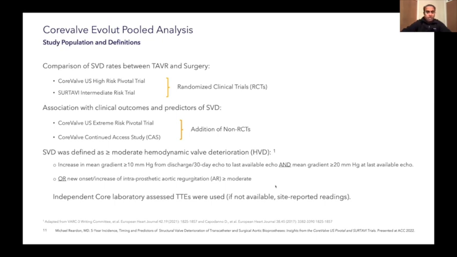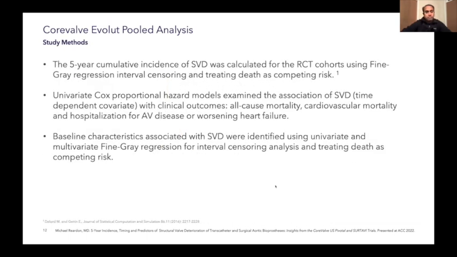Basically, if you have severe degrees of aortic stenosis or aortic insufficiency affecting the TAVR valve. We did standard Fine-Gray regression analyses and univariate Cox proportional hazard models, looking at the association of structural valve deterioration with other clinical outcomes like mortality and worsening heart failure.